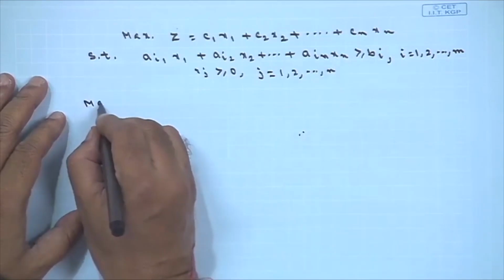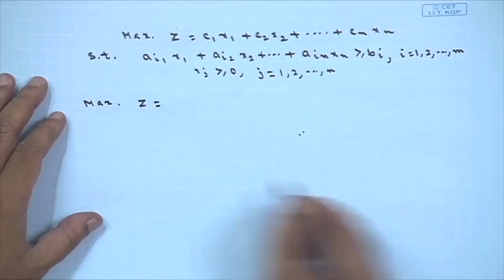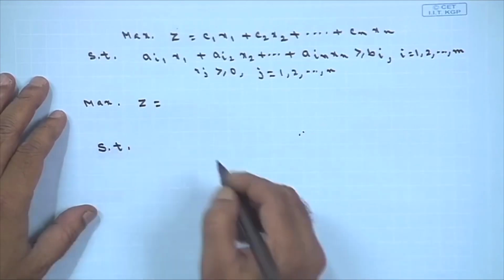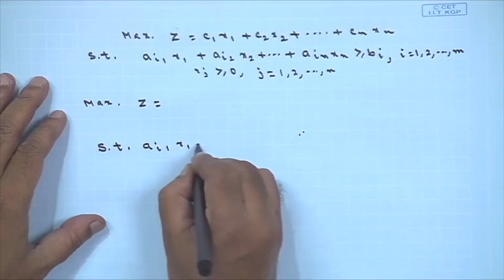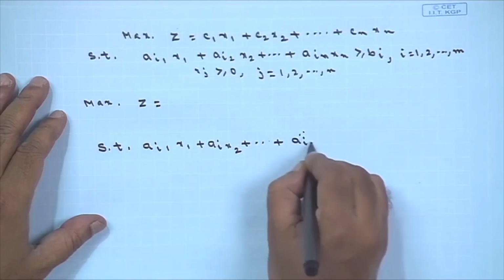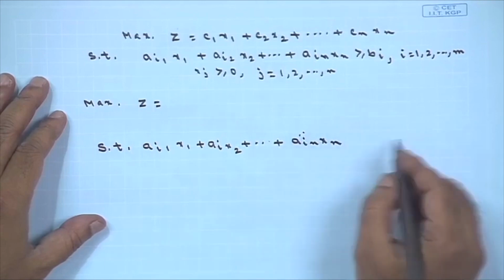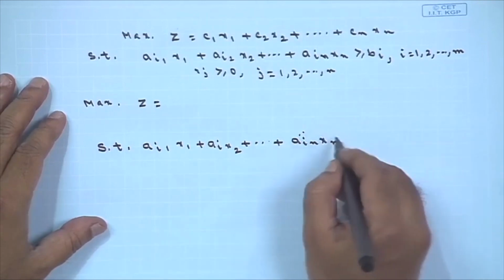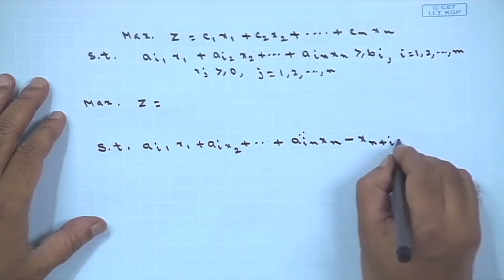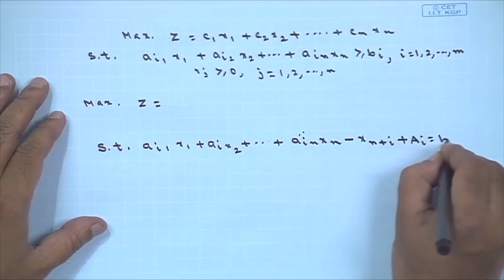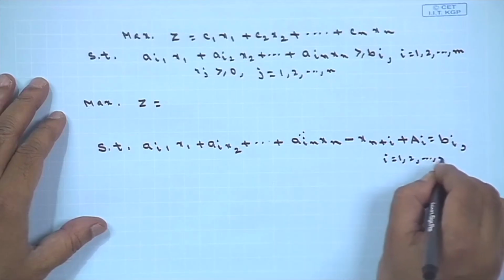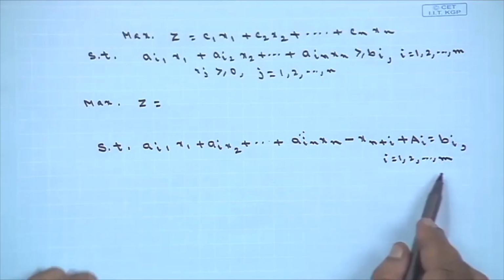So, your maximize will be z. I am just writing first the subject to part, then I will write down that part. Subject to ai1 x1 plus ai2 x2, like this way, plus ain xn minus x(n+i) plus ai equals bi, for each i equals 1 to m.